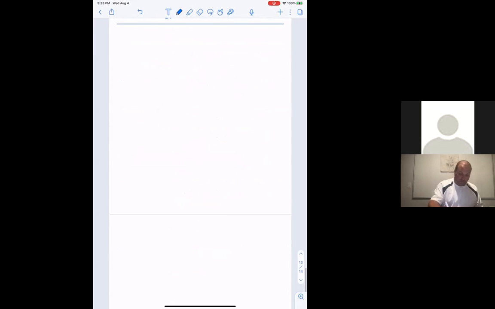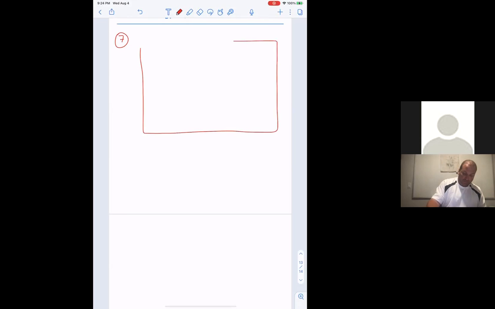And finally, question number 7. It says use Prim's algorithm to find the minimum spanning tree for the graph represented by the table shown. So this one, I gotta make a bigger one.